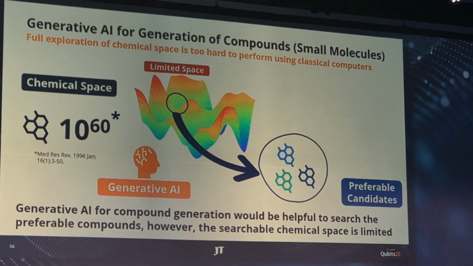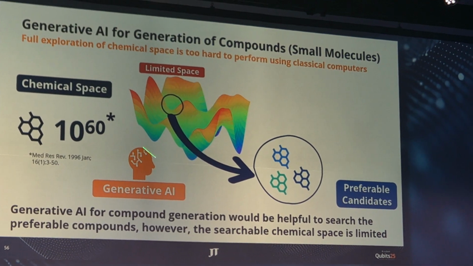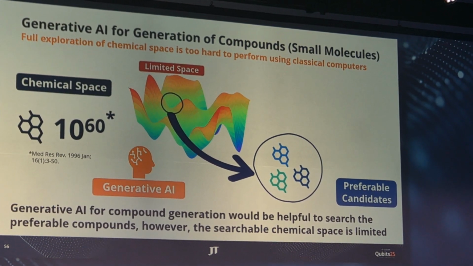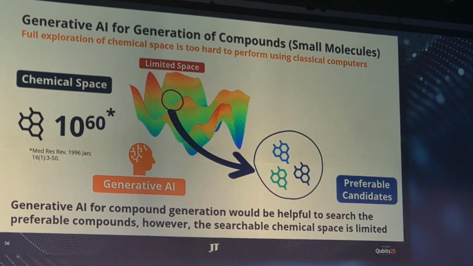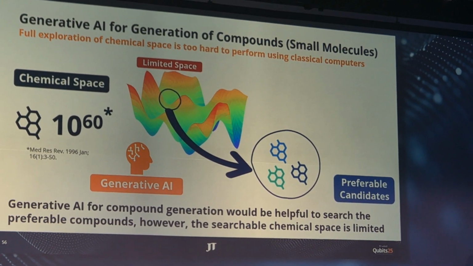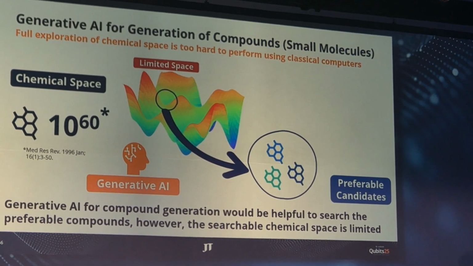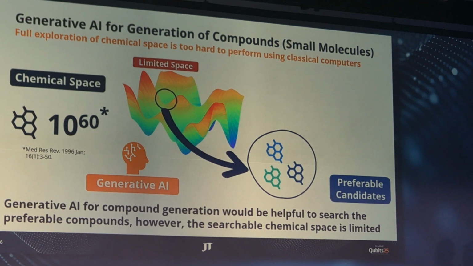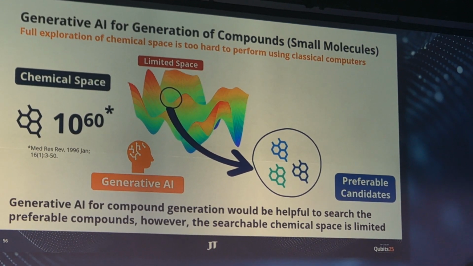But when we use the classical computation, the exploration is very restricted. We can just only explore the limited, restricted space. So we can identify just only the local minima. This is the very serious issue, problem in the current AI technologies.